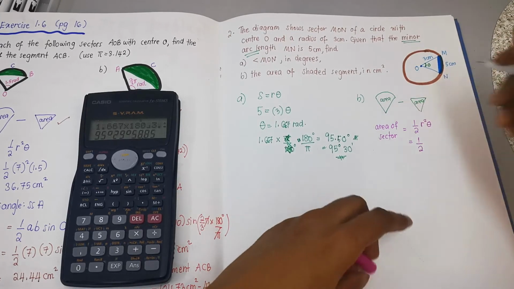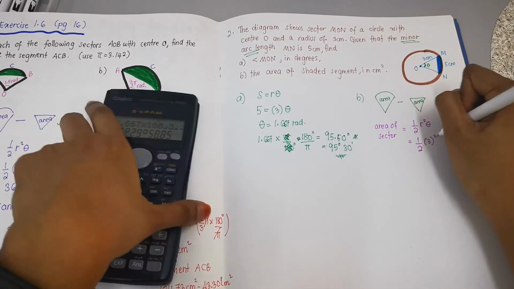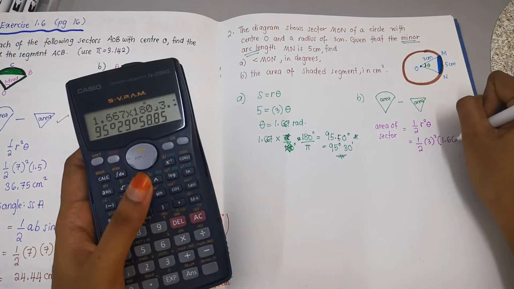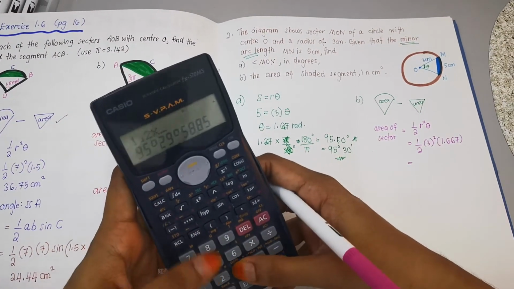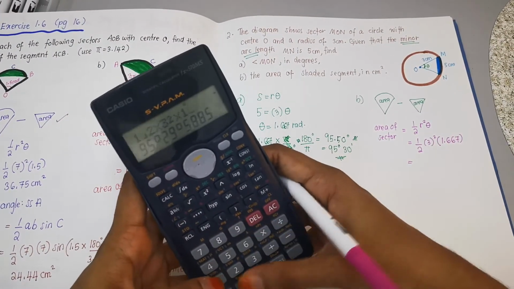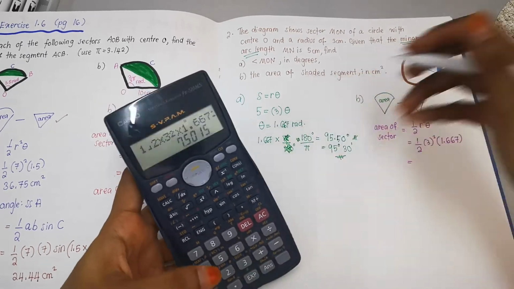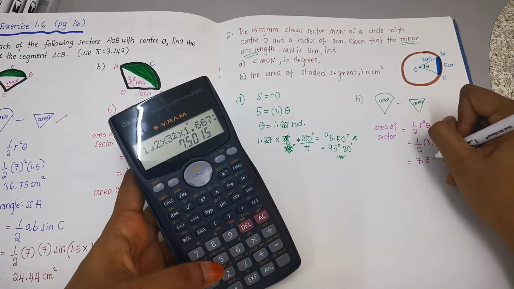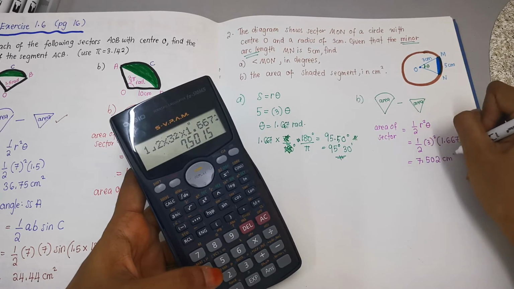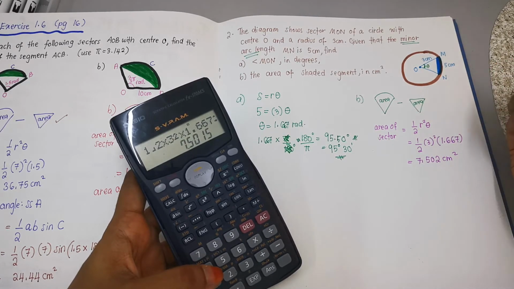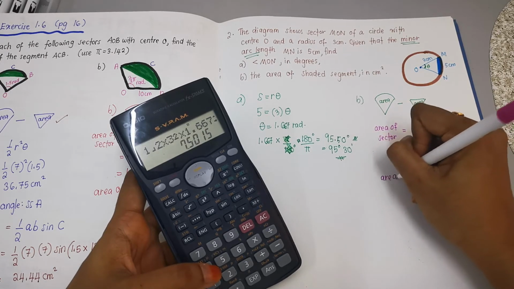So 1 over 2, r is 3 square, theta is 1.667. Use the radian. So 1 over 2 times 3 square times 1.667. So I get 7.502 centimeter square.